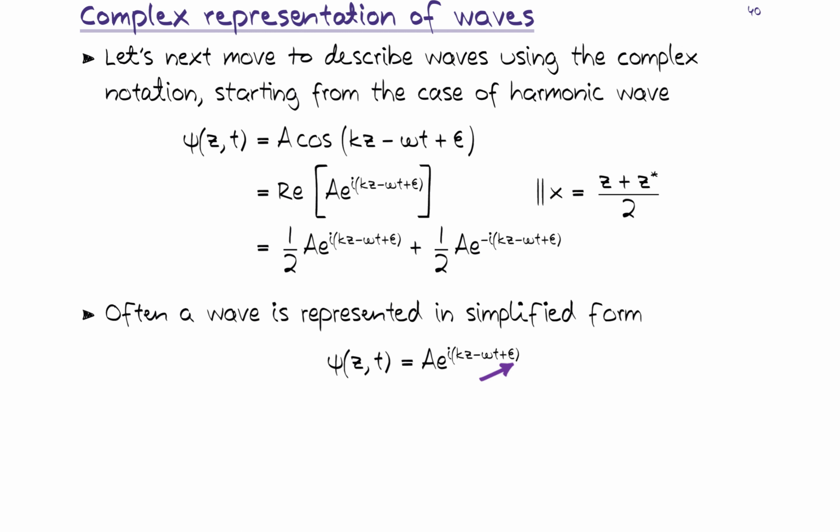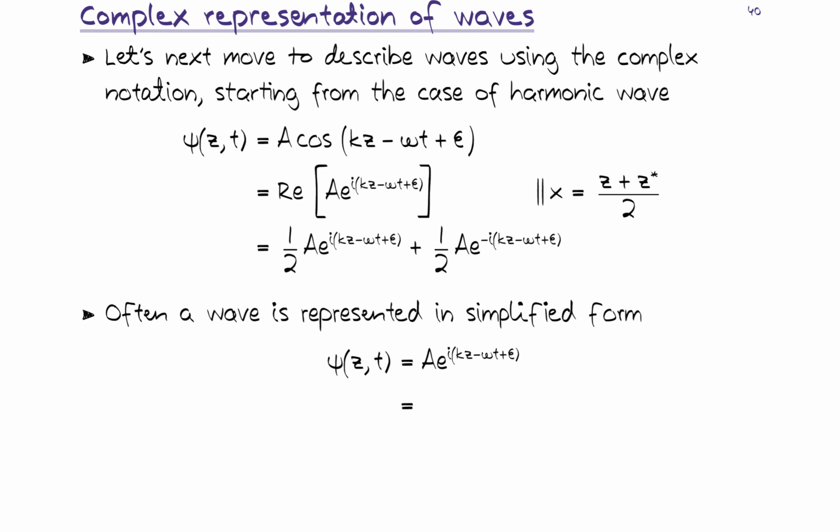And epsilon was the initial phase that most of the time we can just keep to be 0, but in some cases we need something that is not 0 anymore, especially when we are summing different waves together and we're locking our problem to something specific.